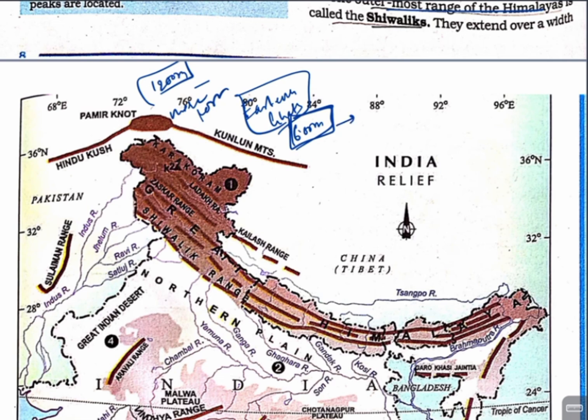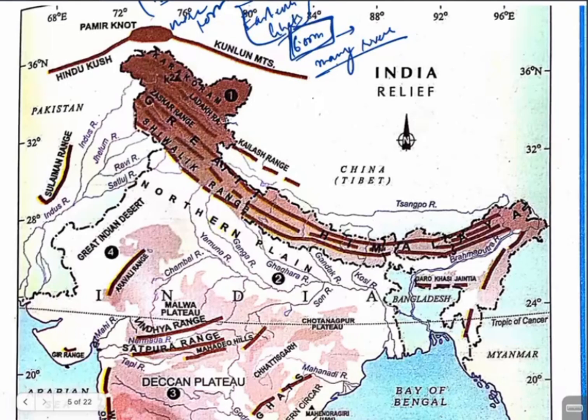It is eroded by many rivers and hence more discontinuous. The Eastern Ghats are relatively subsided, or lower, whereas the Eastern coast is slightly uplifted.